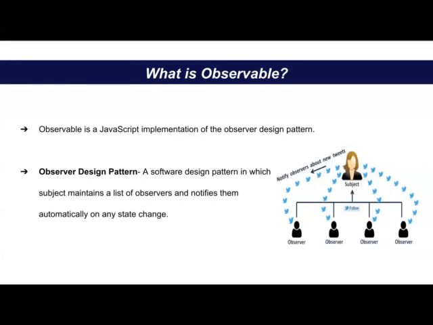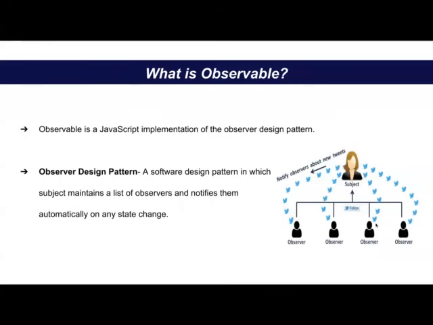In this case, we need not ask every time whether the person or some other user has any tweet. In observer design pattern terms, the subject is the one here. If the subject pushes a new value, all the observers will get notified at that moment only.